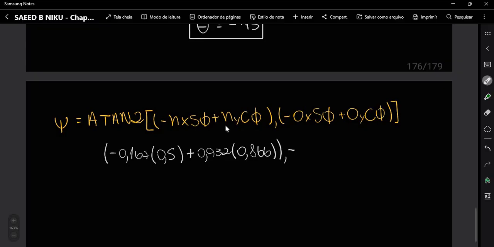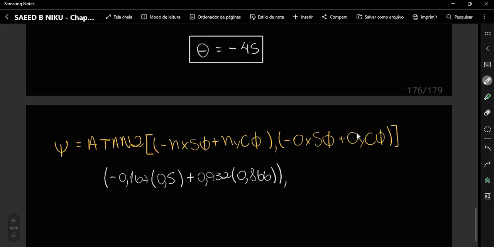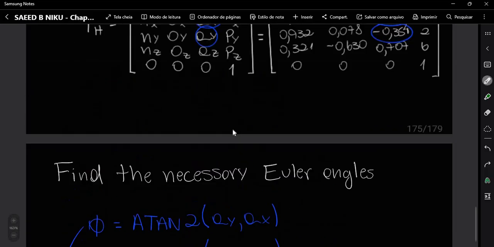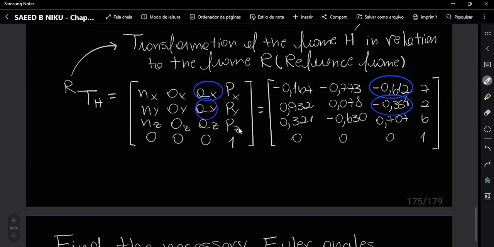And now the second one, minus, let's see what is the sign on the element ox, we have this minus sign. So doing the operation between the signs, we got this element as positive.